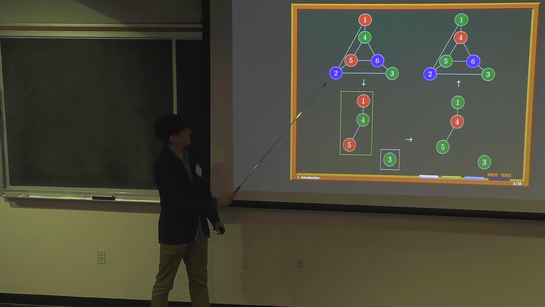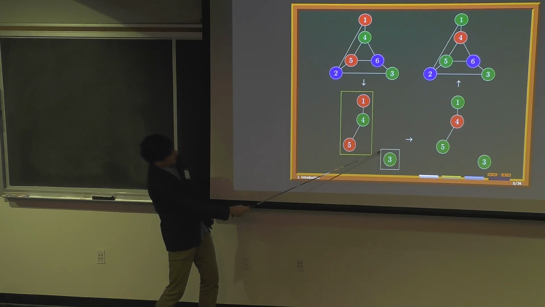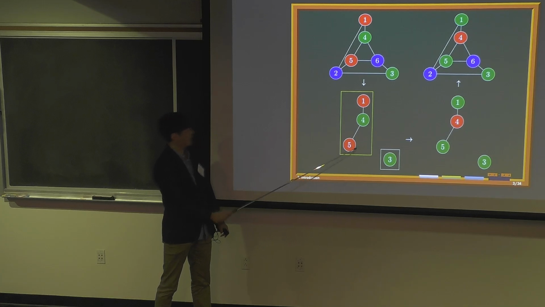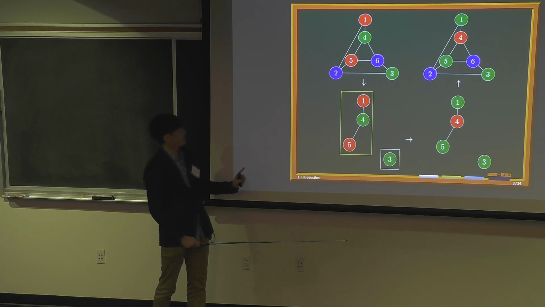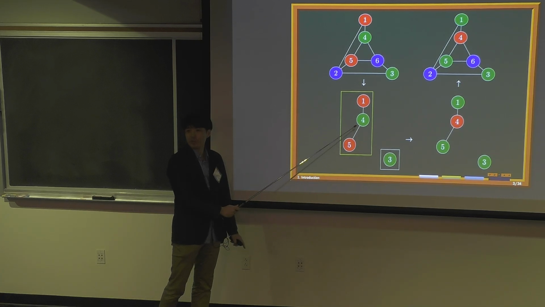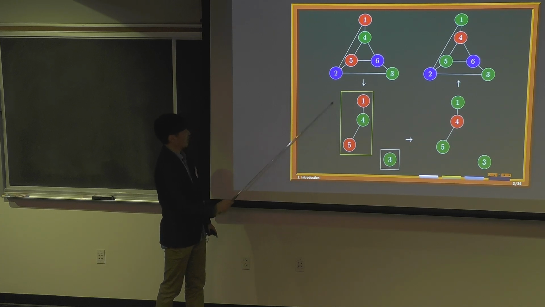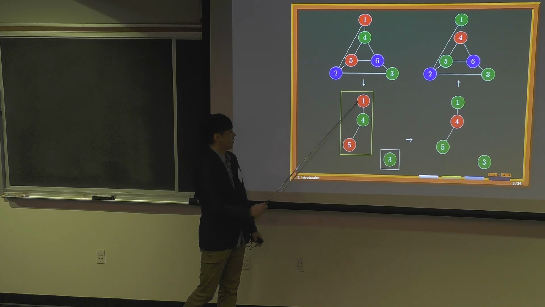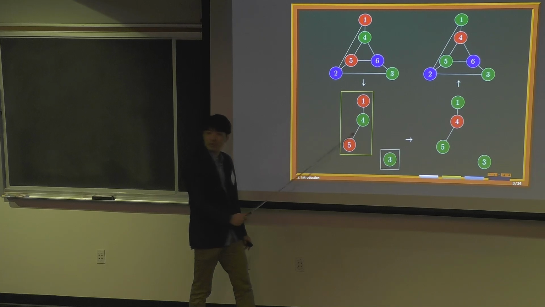And we consider the induced subgraph on these two colors. Then this induced subgraph consists of two connected components. Then we choose one connected component, for example, this one. Then we switch these two colors in this connected component, like this.